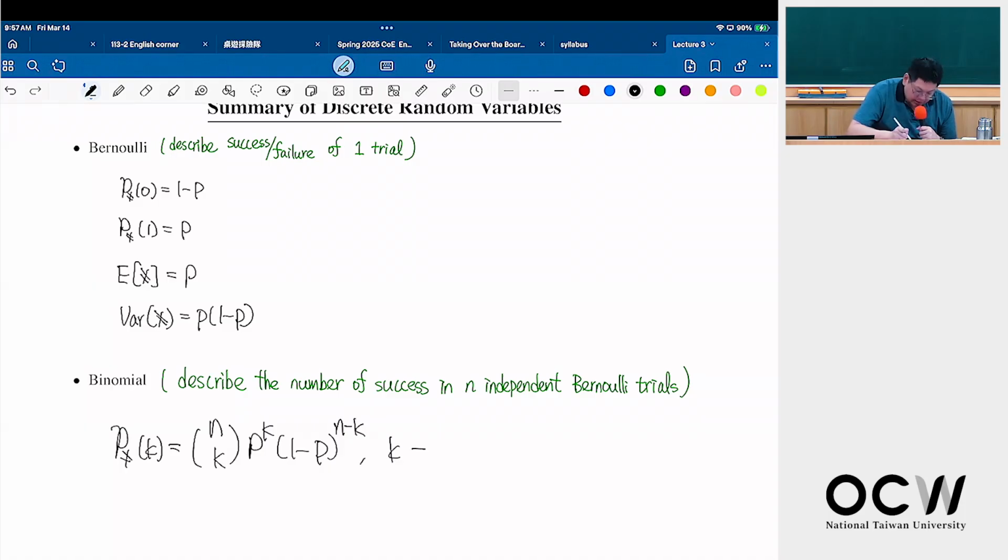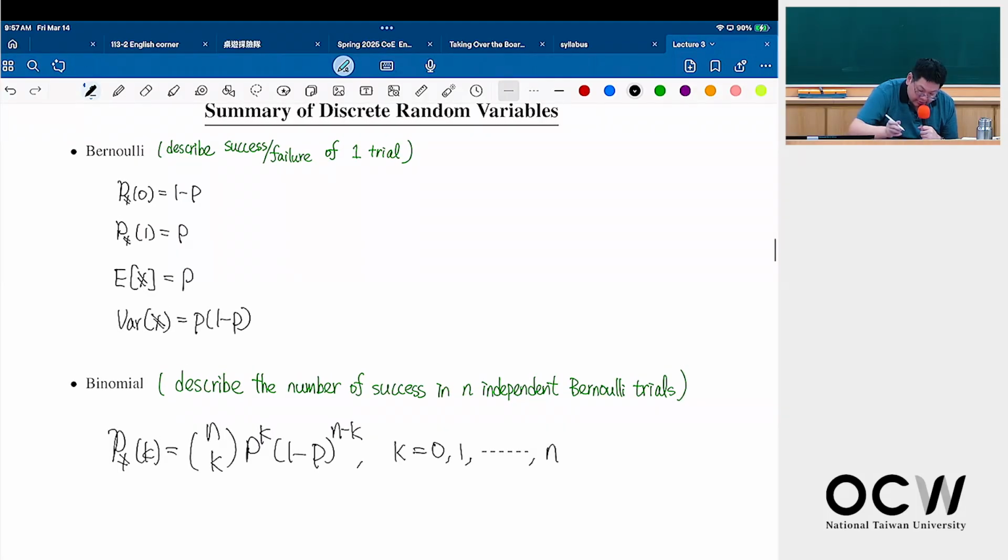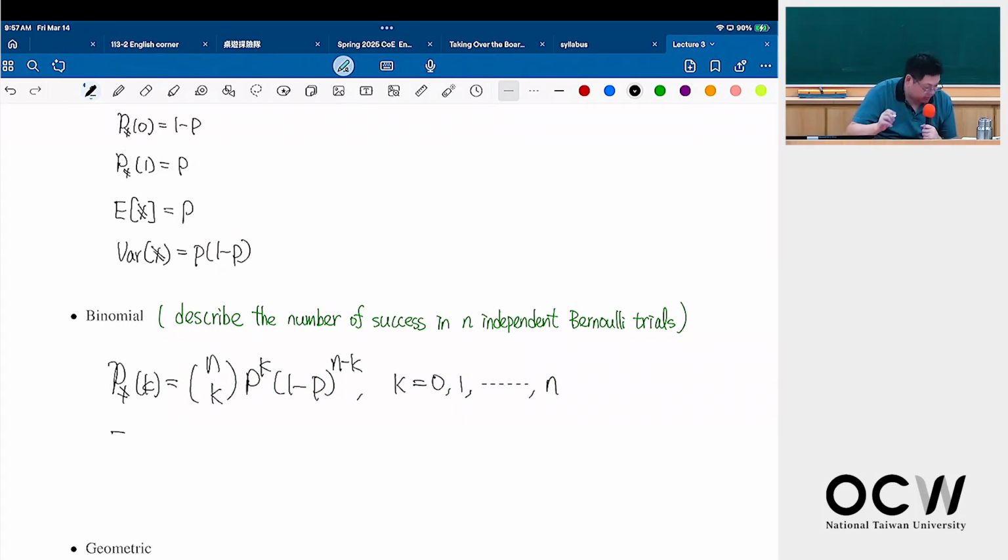And k is from 0, 1, 2, till n. The expectation is np, and the variance is np times 1 minus p.